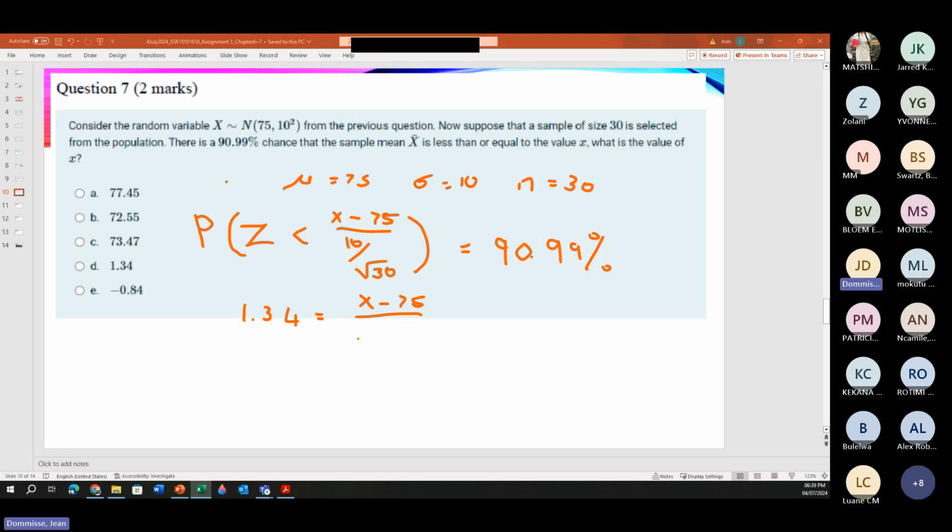So that is 1.83. So then if I say 1.34 times 1.83, that will be equal to X minus 75.